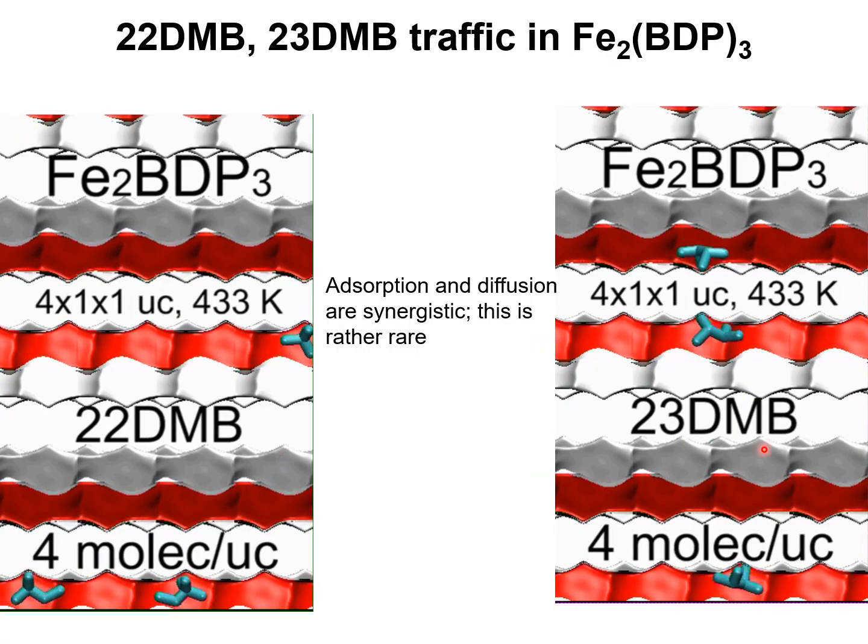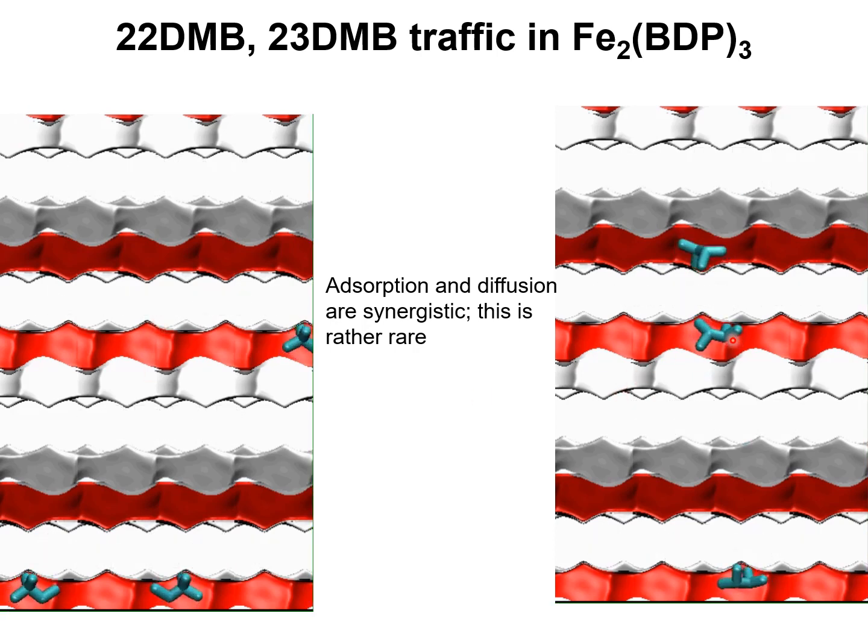The di-branched isomers 2,2-dimethylbutane and 2,3-dimethylbutane have compact configurations and are very strongly confined within the triangular channels. Their diffusivities are even lower than those of the monobranched isomers.